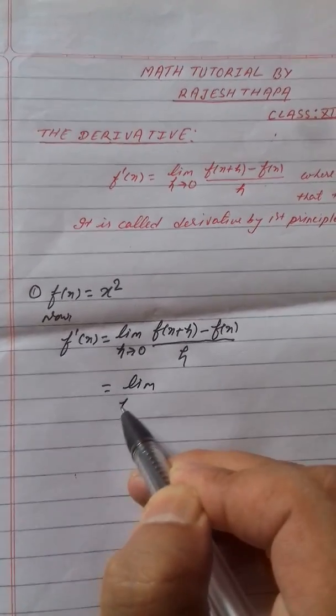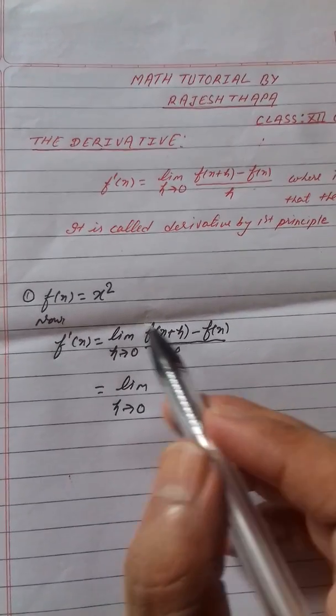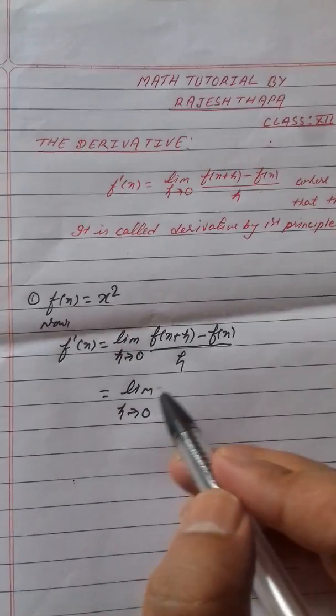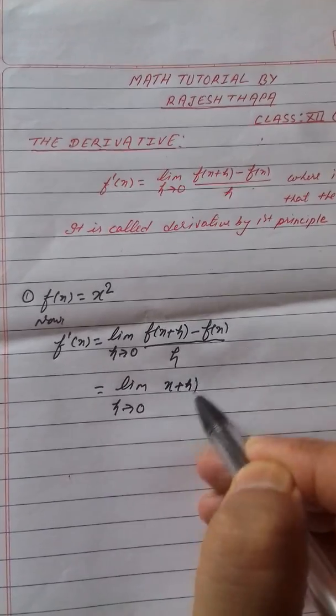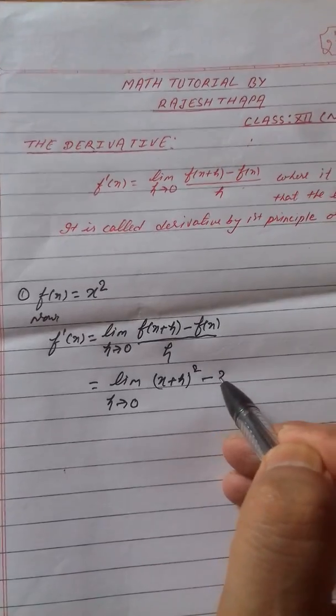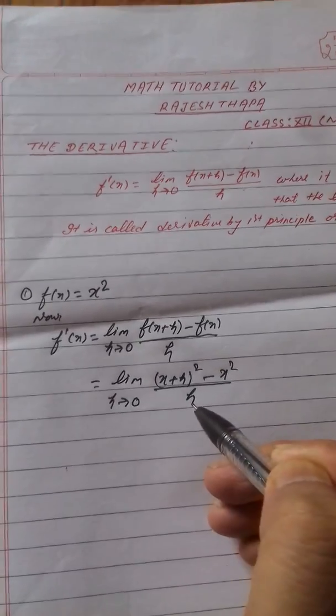limit h tends to 0 f of x plus h. We are already given f of x equal to x square, so f of x plus h will be x plus h whole square minus f of x will be x square, and upon h.